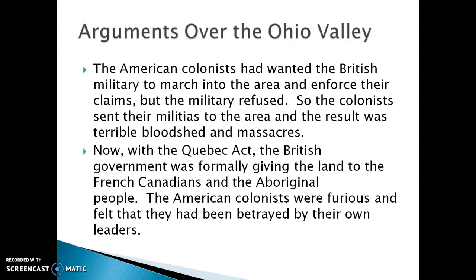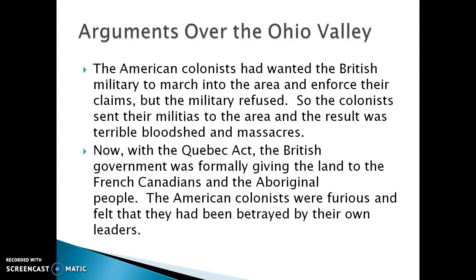But the British military refused to do this. So instead, the colonists sent their own militias. A militia is an army made up of regular people, not trained soldiers. So they sent these mostly untrained, not soldiers, to the area.